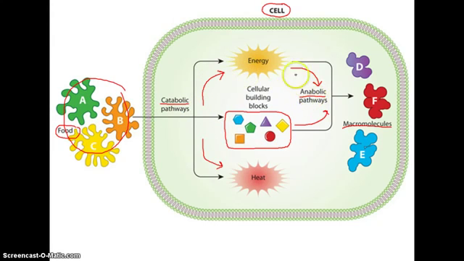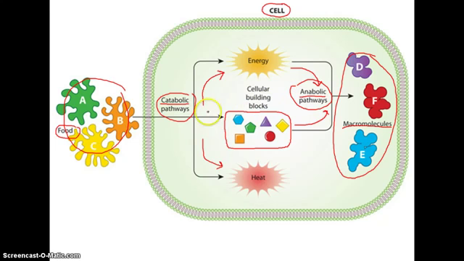Then it's an anabolic process when we're using that energy in order to take these smaller pieces, stick them back together, and make bigger molecules once again. Okay? And both catabolic pathways and anabolic pathways have enzymes that accelerate those processes so that they can occur when we want them to and in a very timely and efficient manner.